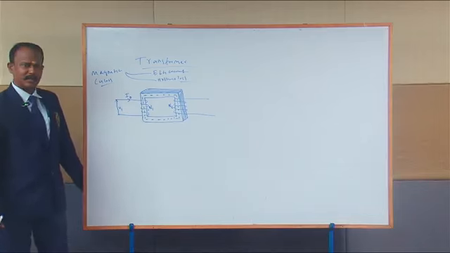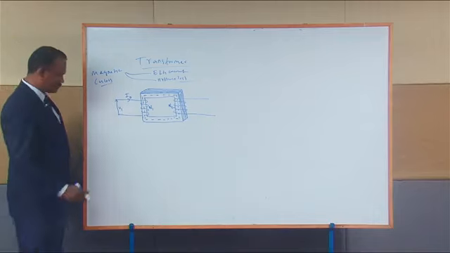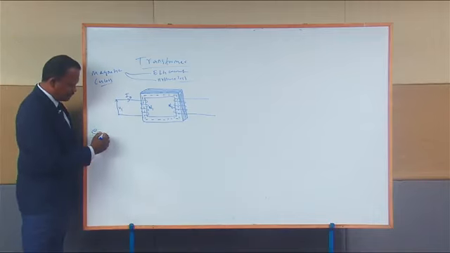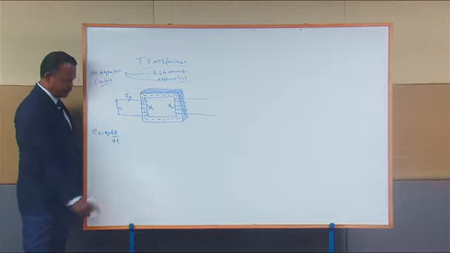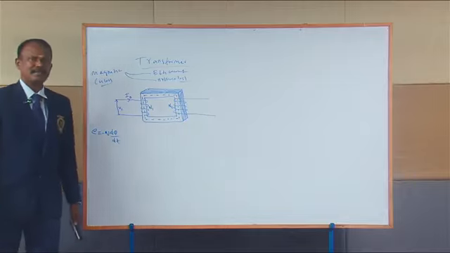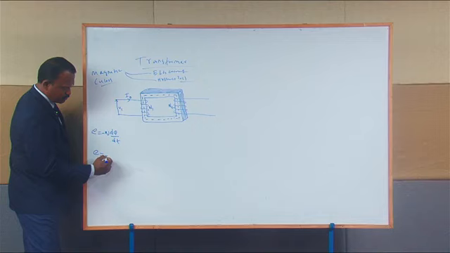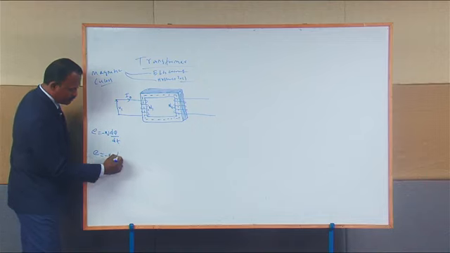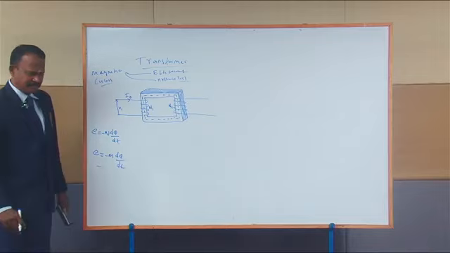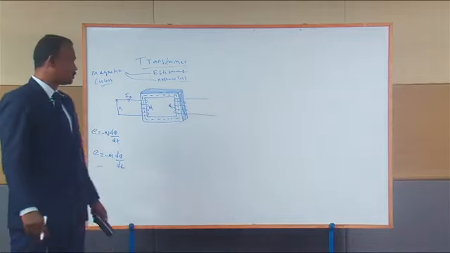We know that according to Faraday's law of electromagnetic induction, E is equal to minus N d phi by dt. This is called a self-induced EMF. Similarly, E is equal to minus M d phi by dt, and this type of EMF we call a mutually induced EMF.